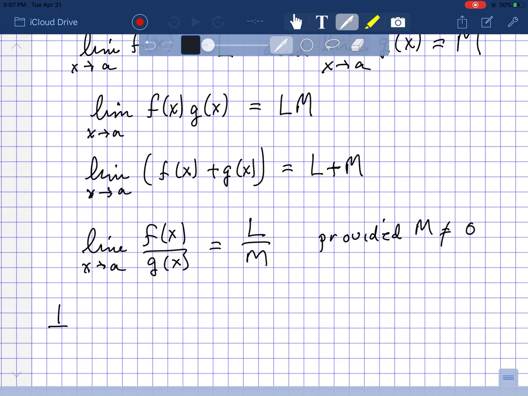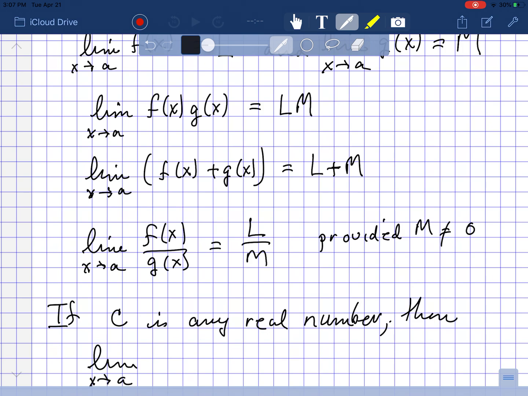And if c is any real number, then the limit as x approaches a of c times f of x is just equal to c times L.